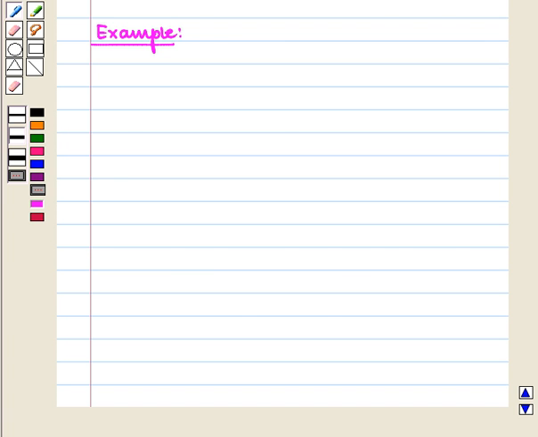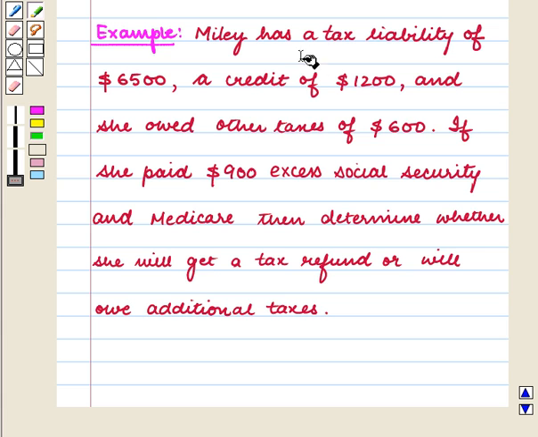Let us consider one example. Miley has a tax liability of $6,500, a credit of $1,200, and she owed other taxes of $600. If she paid $900 excess Social Security and Medicare, then determine whether she will get a tax refund or she will owe additional taxes.